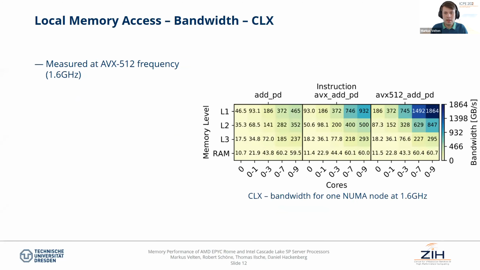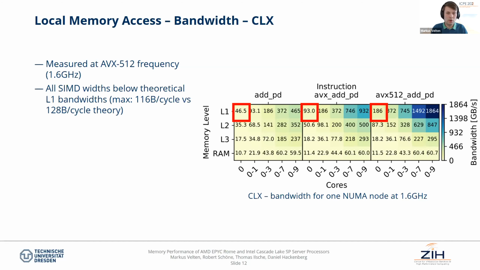On the Intel system, on the other hand, we saw a different picture. We used the AVX-512 base frequency of 1.6 gigahertz in order to avoid any kind of thermal power throttling. And we saw that no matter the SIMD width, we were below the theoretical L1 cache bandwidths. Furthermore, we saw a somewhat unexpected drop in the L2 cache bandwidth.